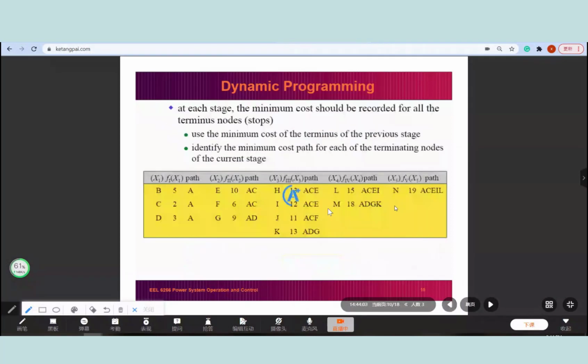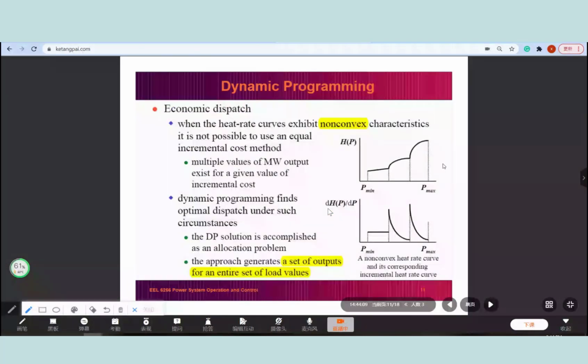In this example, I just showed you how to solve a mathematical problem by dynamic programming. Next, I will show you how to solve economic dispatch by dynamic programming. When the heat rate curve exhibits non-convex characteristics, it's not possible to use an equal incremental cost method to find the best solution.